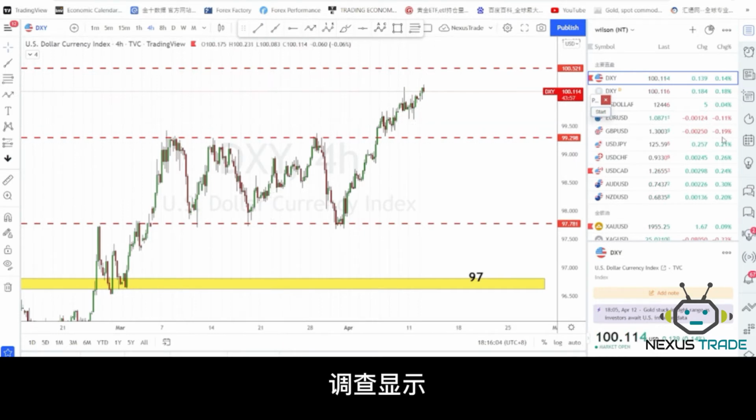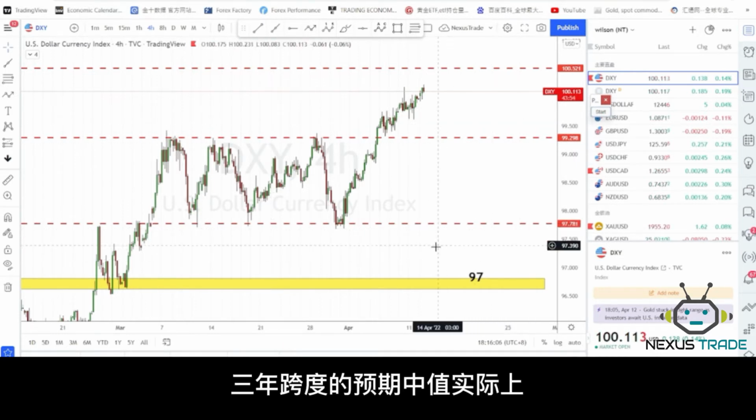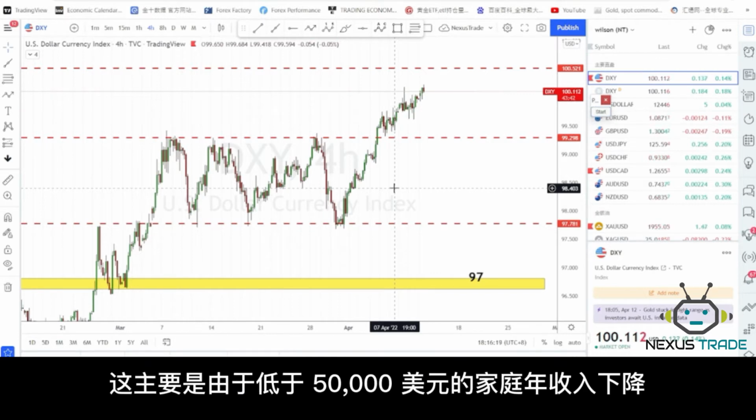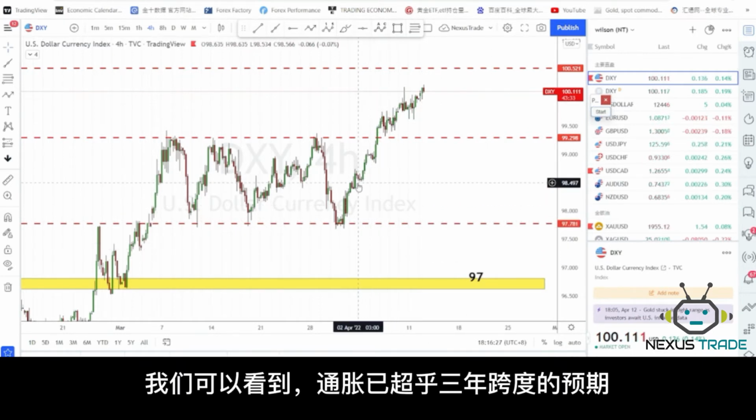The survey showed the median expectation over the 3-year span actually decreased by 0.1 percentage point to 3.7%, largely due to a declining outlook from those with annual household incomes below 50,000. However, we can see that the uncertainty about inflation over both the 1 and 3-year span show record highs.